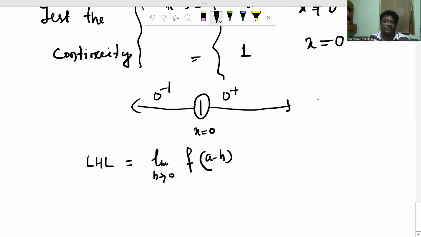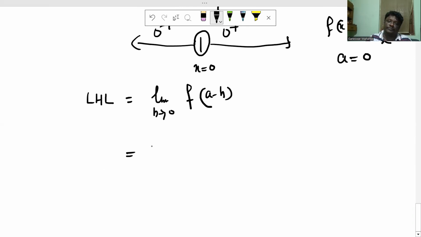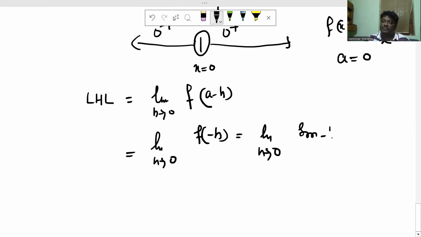Here f of x is given as sin x by x, and a is 0. So limit h tends to 0 of sin(minus h) divided by minus h, and this value is 1.